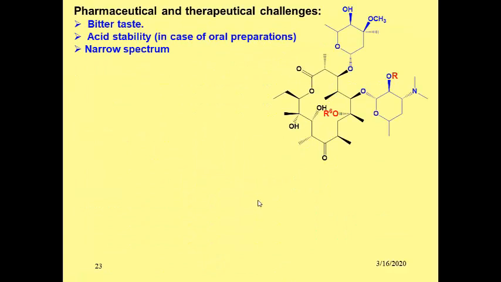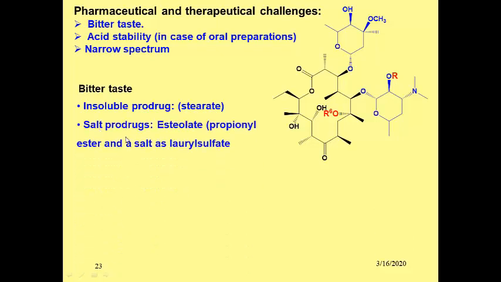There are three therapeutic challenges with erythromycin macrolide. First, bitter taste. Second, acid stability in case of oral preparation. Third is narrow spectrum. How to overcome these challenges? First, bitter taste: make a water insoluble product, an ester at the amino sugar OH, or a salt product.